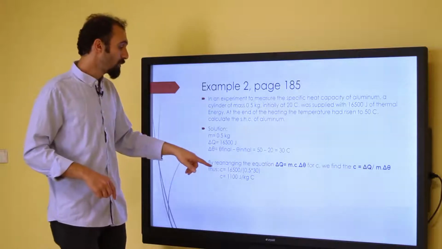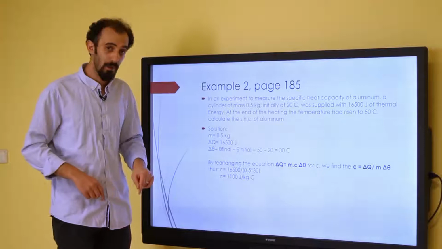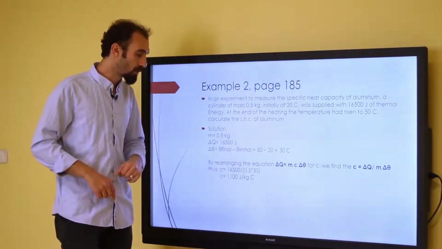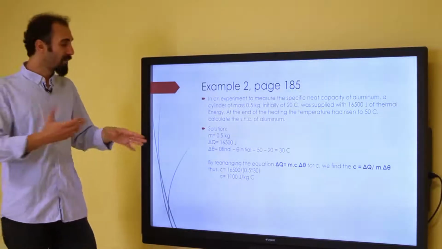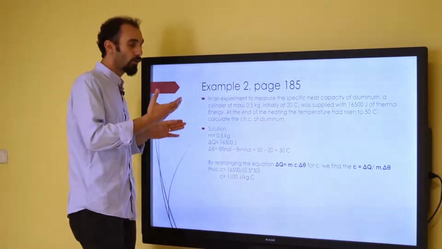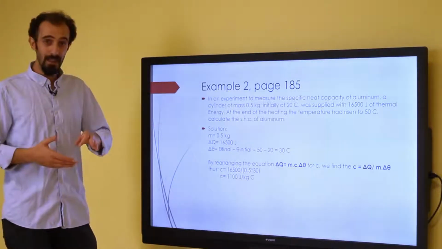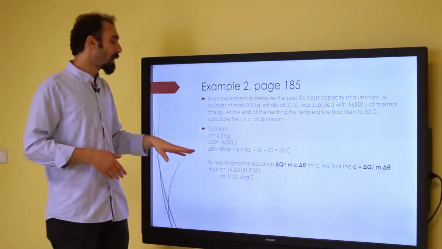So, C would equal 16,500 divided by 0.5 multiplied by 30, which equals 1,100 joules per kilogram per Celsius.